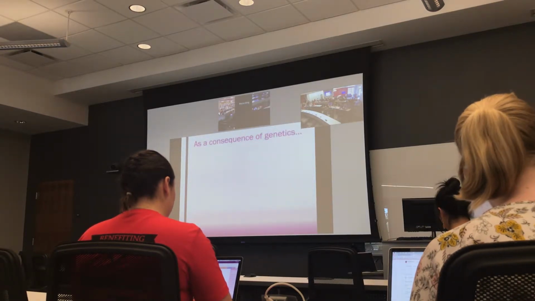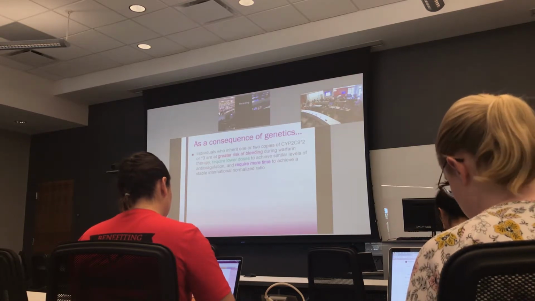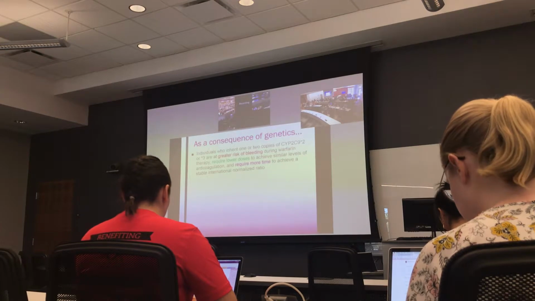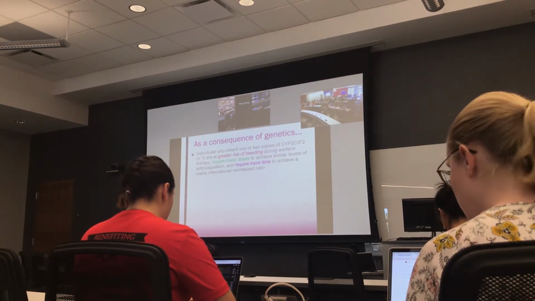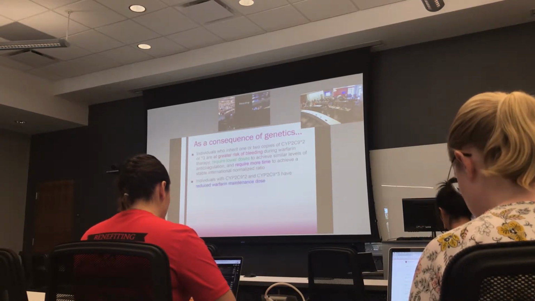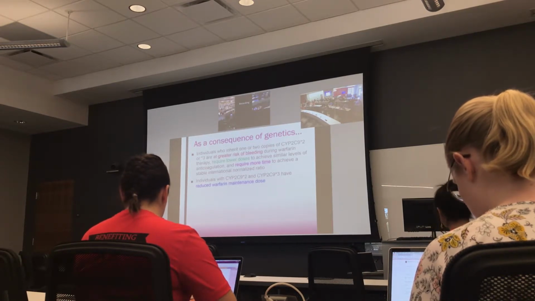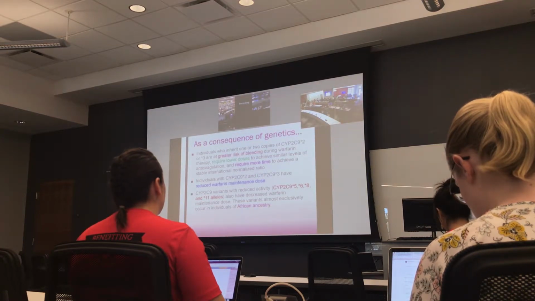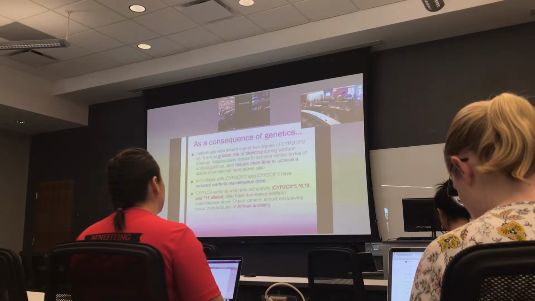As a consequence of genetics, individuals who inherit 1 or 2 copies of CYP2C9 star 2 or star 3 are at greatest risk of bleeding during warfarin therapy. They require lower doses to achieve similar levels of anticoagulation, and they require more time to achieve a stable international normalized ratio. Individuals with star 2 and star 3 alleles have reduced warfarin maintenance dosing, and variants with reduced activity, the star 5, star 6, star 7, star 8, and star 11 alleles, have decreased warfarin maintenance dosing.